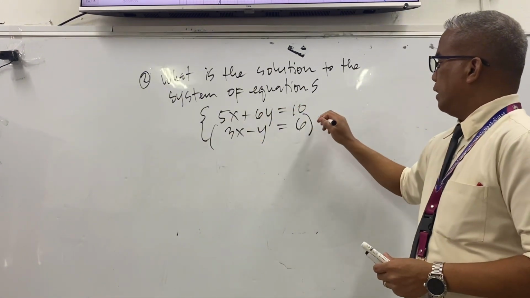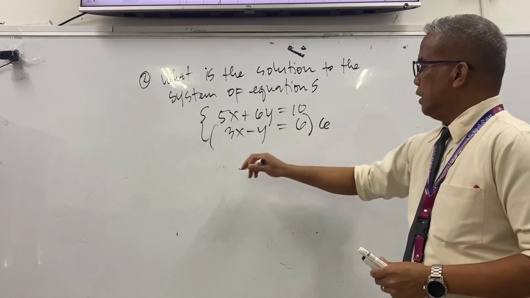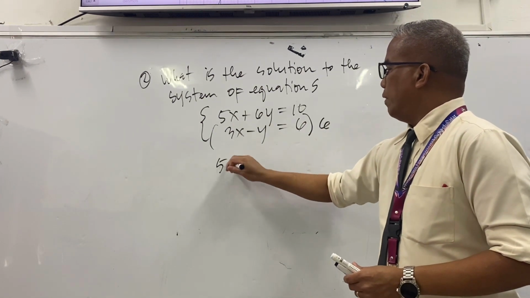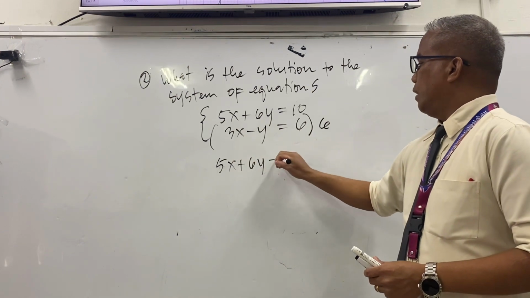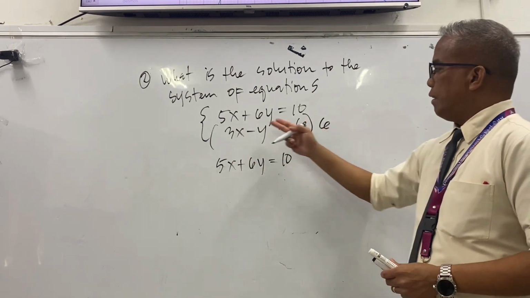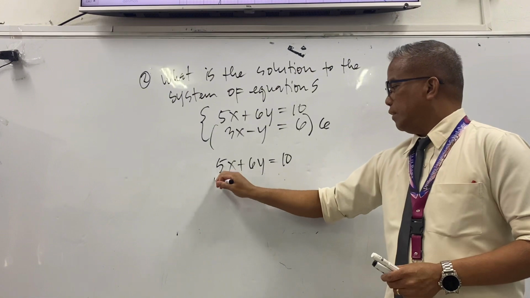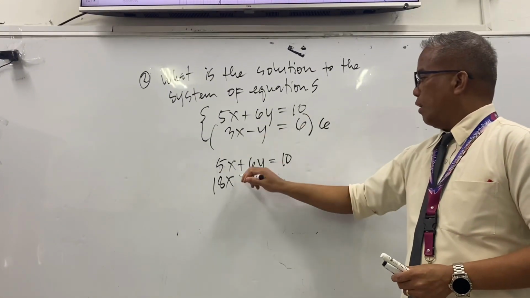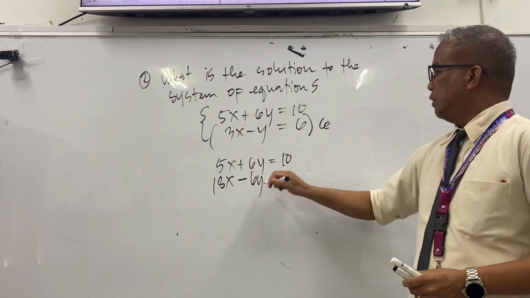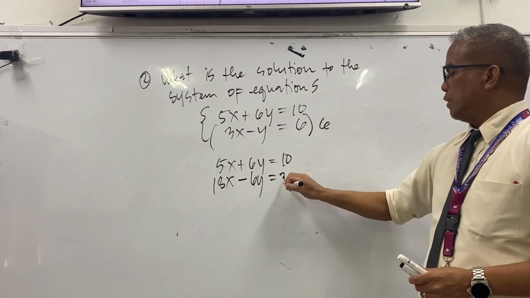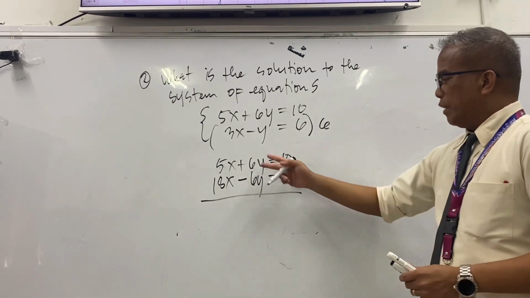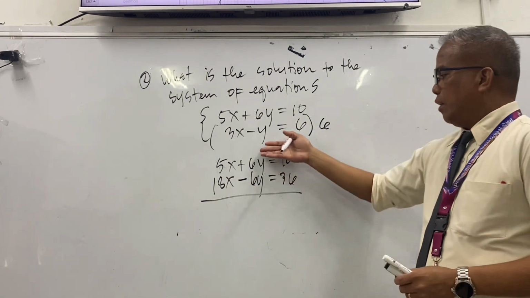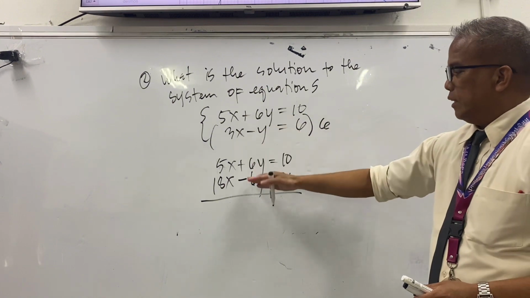Copy equation 1: 5x plus 6y equals 10. 6 times 3x equals 18x. 6 times negative y equals negative 6y. 6 times 6 equals 36.